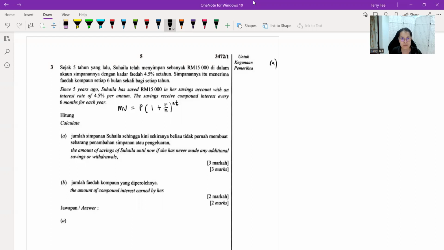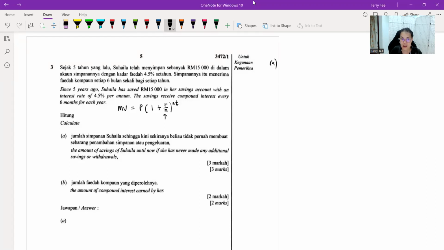We want to find how much money she has, the amount, because if she never made any additional saving or withdrawal, and this is after 5 years. So if you want after 5 years, your N should be 5 times 2, which is 10, right? Because 1 year you compound twice. N is the number of times you compound it.